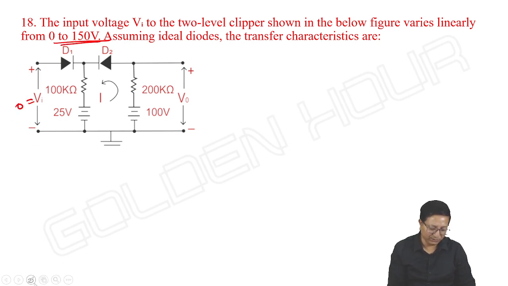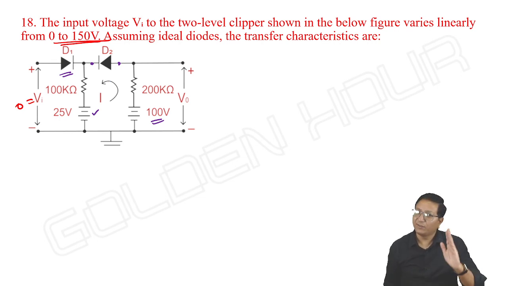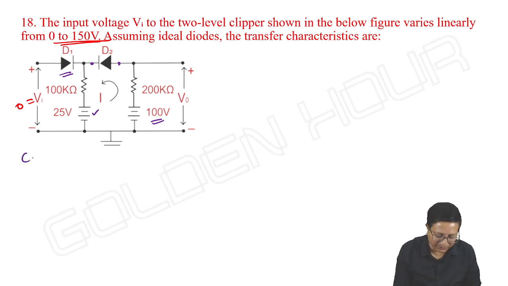If the input is 0 volts, what happens? D1 is no doubt off. And what about D2? D2, its anode is going towards 100 volts and its cathode is going towards 25 volts. D2 will be on. So, first possible case is D1 off and D2 on. Case 1.